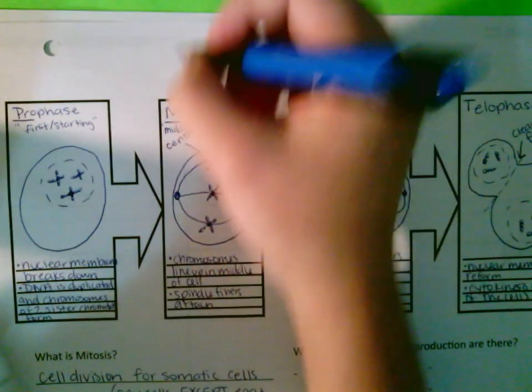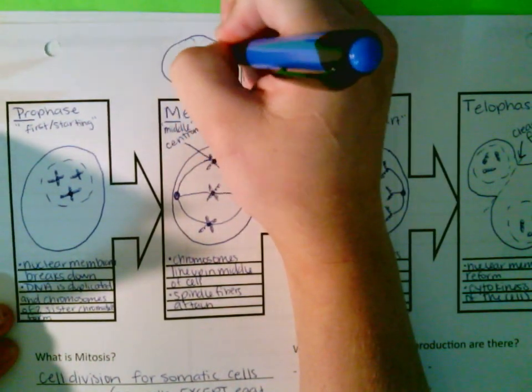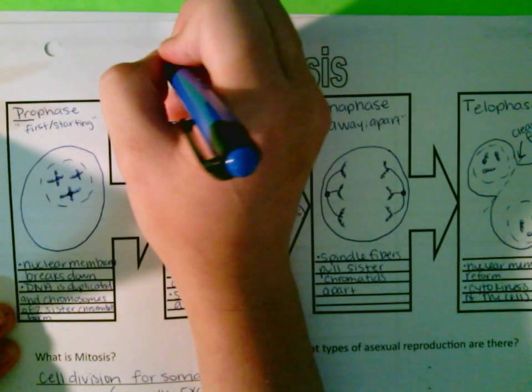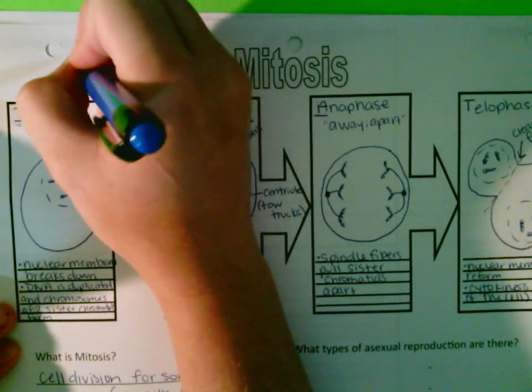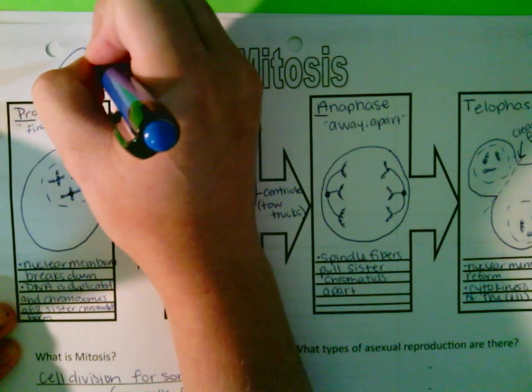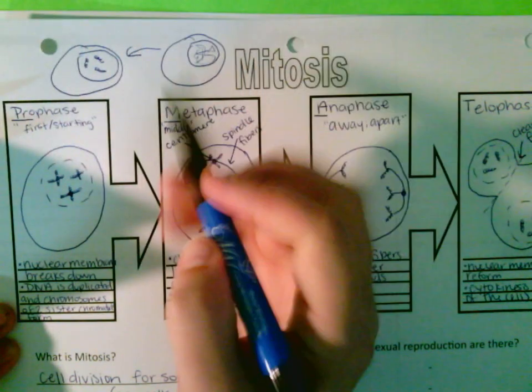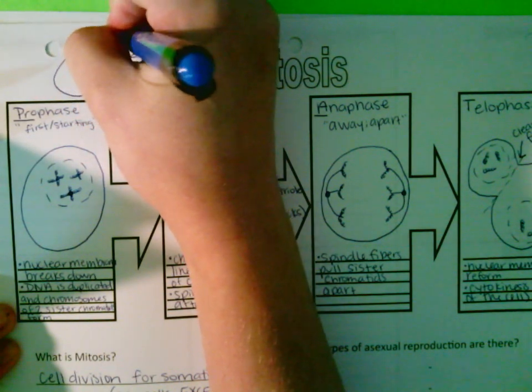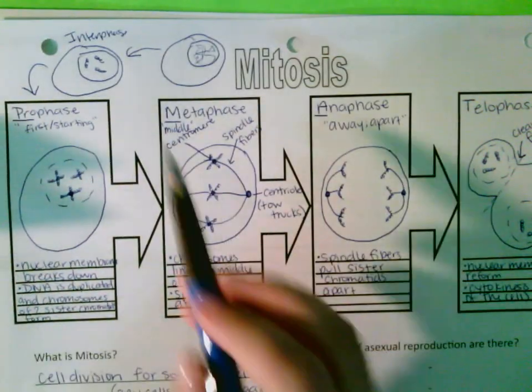So we started out with our normal cell process with that loosely coiled DNA in there, and then we moved to interphase where we took those chromosomes and we condensed them into chromosomes. And then we started into the process of mitosis.